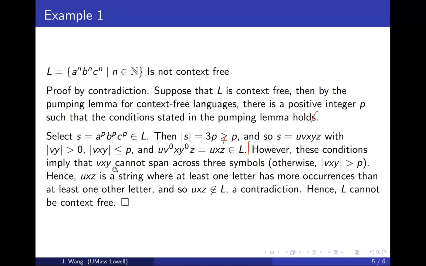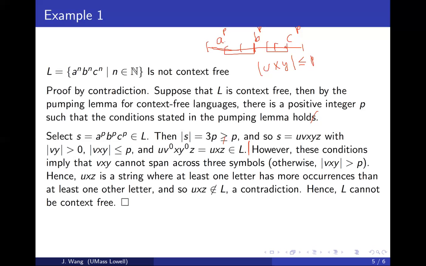However, these conditions imply that vxy, because it is less than or equal to P, cannot span across 3 symbols. So you have P many A's here, P many B's here, and P many C's here. And vxy is less than or equal to P. So it can either be in the A segment, or in the cross section of A and B, or in B, or in the cross section of B and C, or in C. You cannot cross 3 segments.